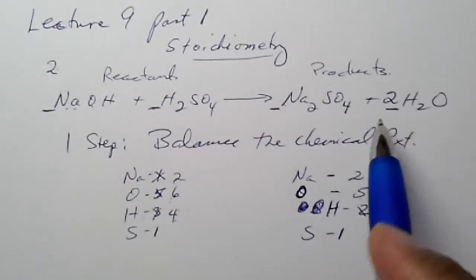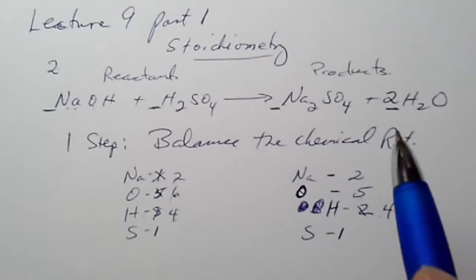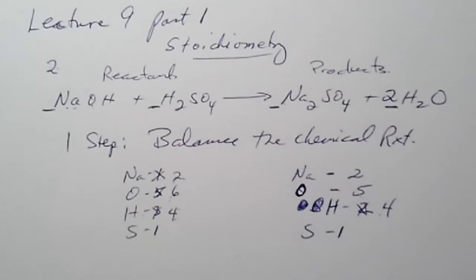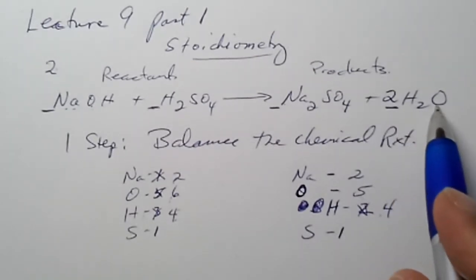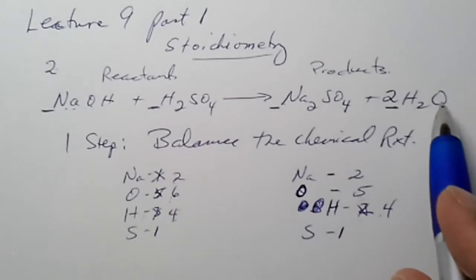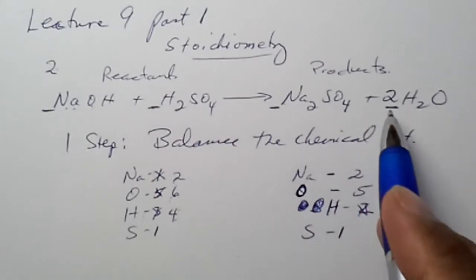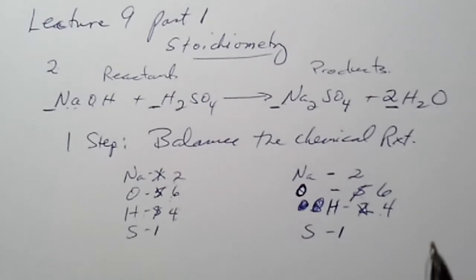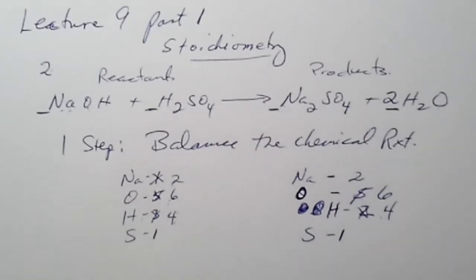Alright, and our sulfurs, well actually let's see what happened when we replace the water with a molar coefficient. We now have 4 hydrogens, but we have 2 more water oxygens. So now I have 4 and 2 is 6. And finally our sulfurs. Did our sulfurs change at all? We have 1 over here and we still have 1 over there.